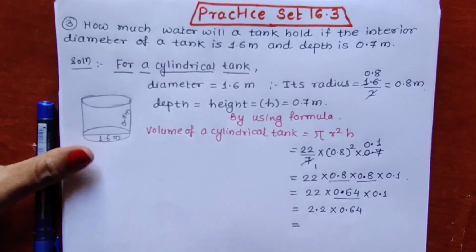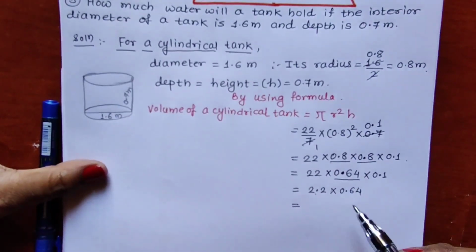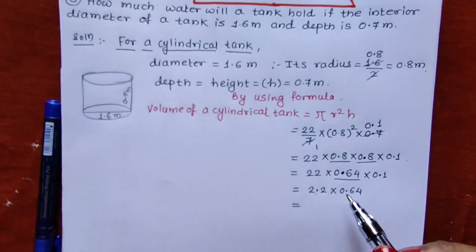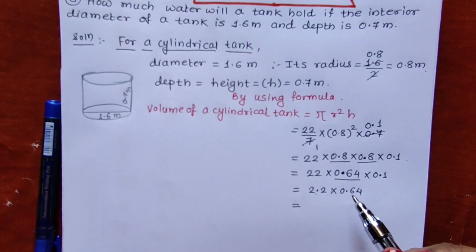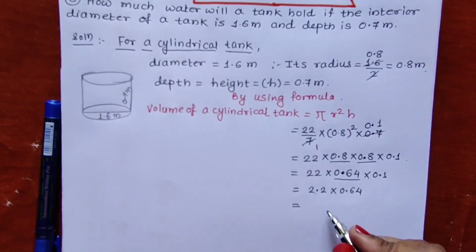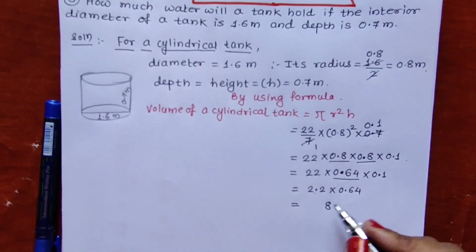Writing the decimal point is very important here, children. You should see where to put the decimal point, and how many digits should be there after the decimal point in the answer. So here we have to multiply 22 by 64. 22 4s are 88, 8 written and 8 carrying.